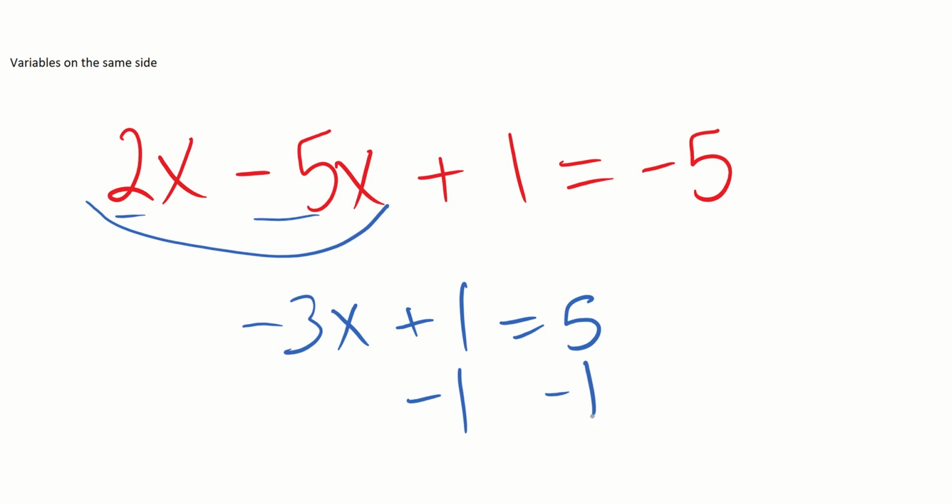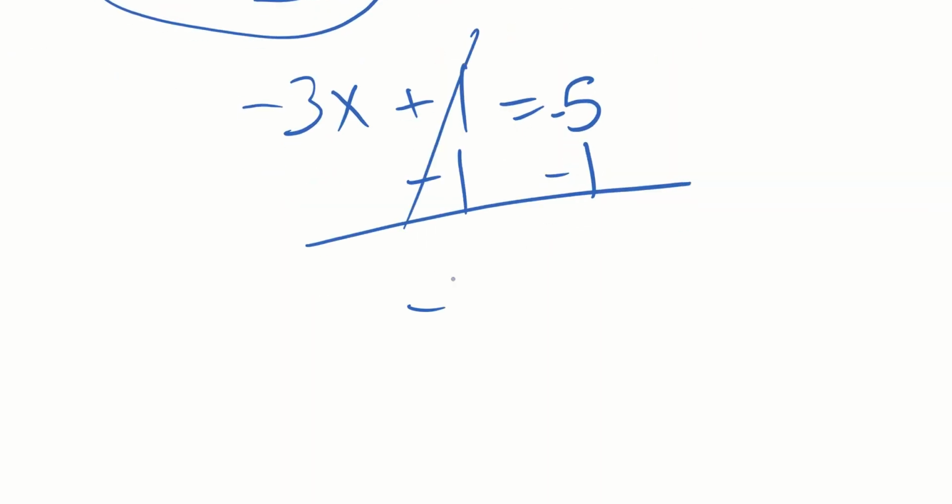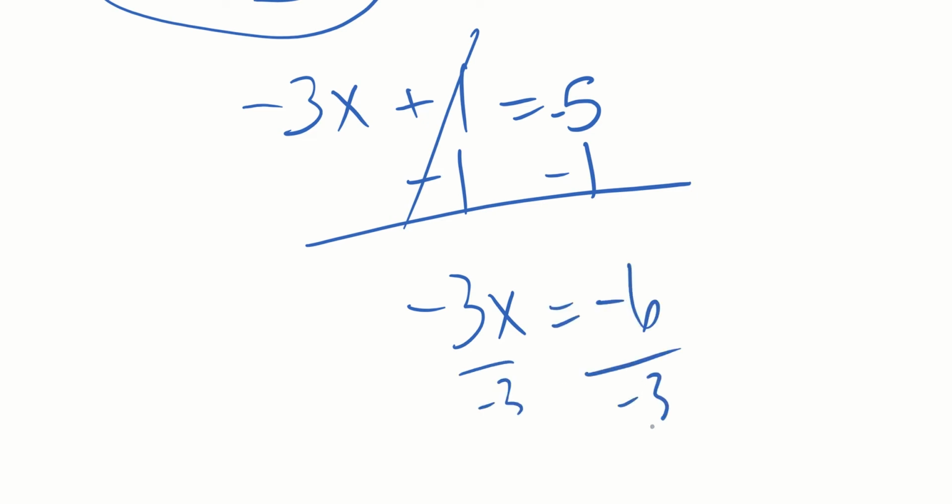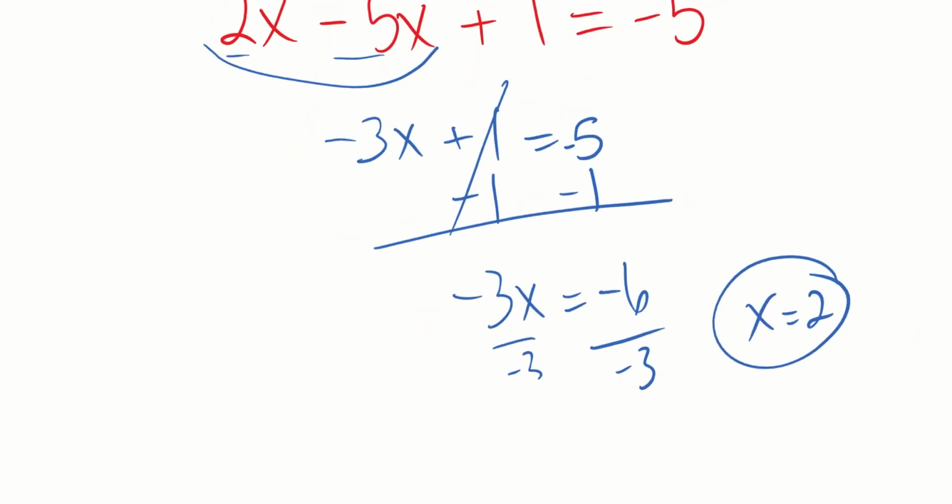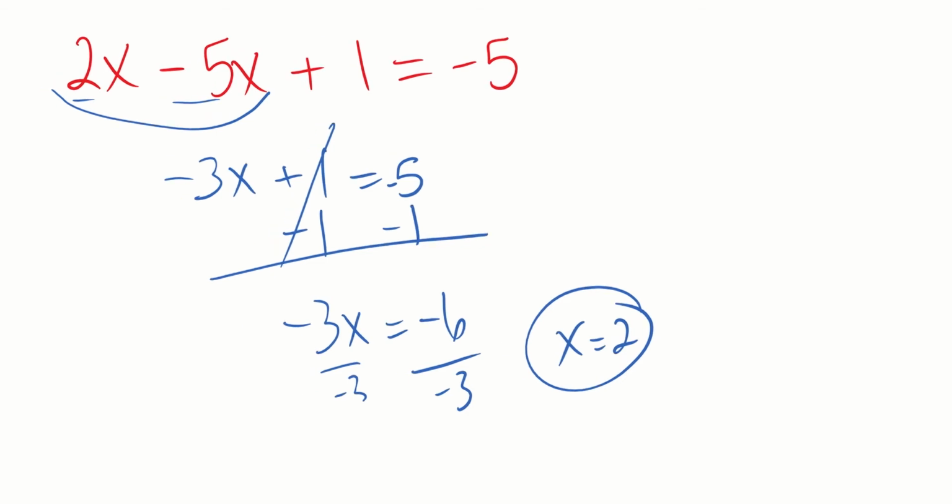So now I'm going to minus 1 from both sides. I get negative 3x equals negative 6. So I'm going to divide by negative 3 on both sides, and x equals positive 2. So to check this, I would plug into the original equation.